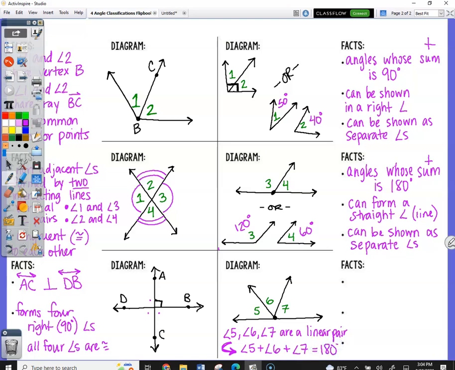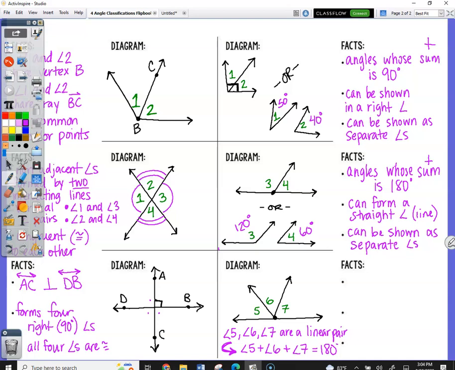That's what you've got to get to. The big giant arrow means get here without me telling you that. Okay? If I say they're a linear pair, your mind should think, oh, so I could add them up to equal 180, because that's probably going to come up as a way to solve the problem.